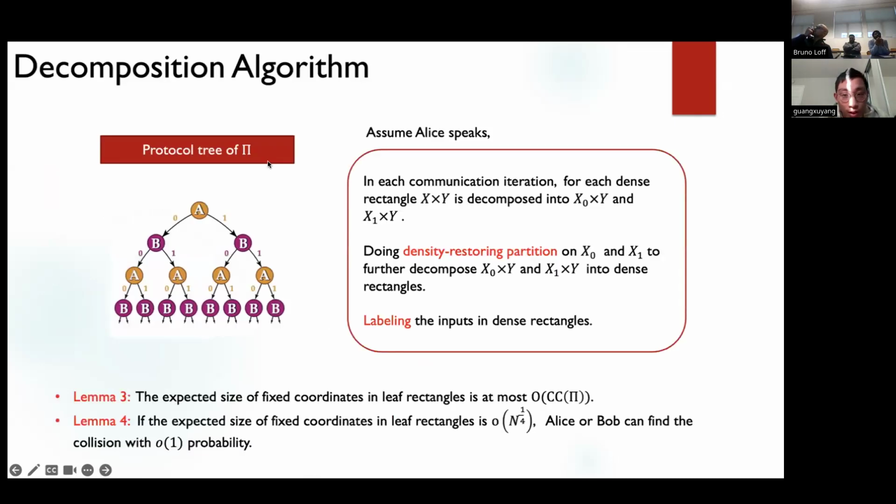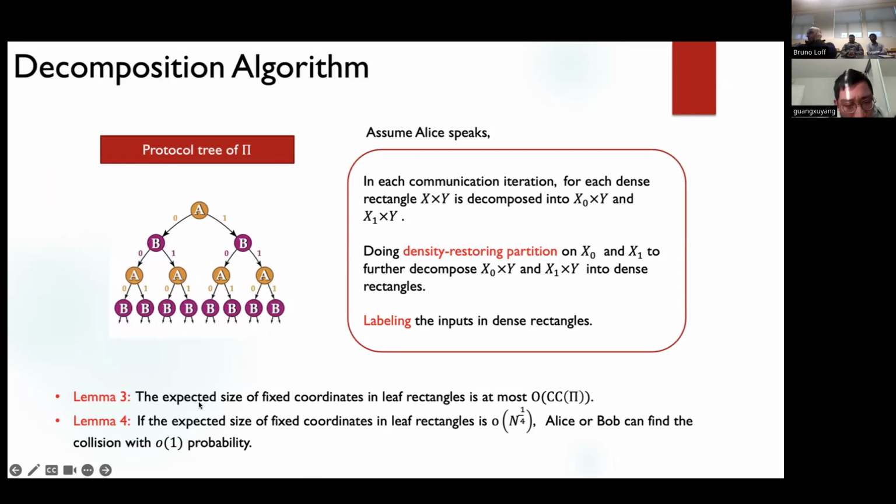So this is the decomposition argument. We will review. In each communication round we decompose the communication, decompose the rectangle. Then we do some density partition for each rectangle, and we label the inputs in a dense rectangle. And we want to prove two numbers.